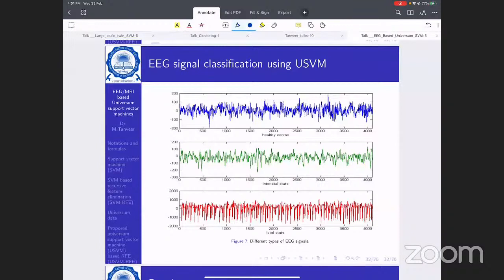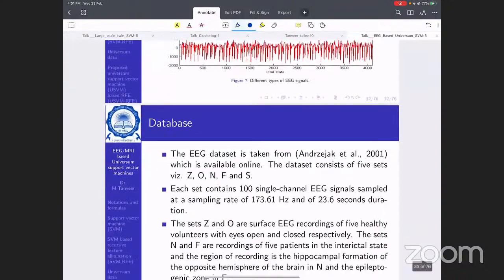You can see different types of EEG signal: the first one is healthy control, the middle one is interictal, and the last one is the ictal state.